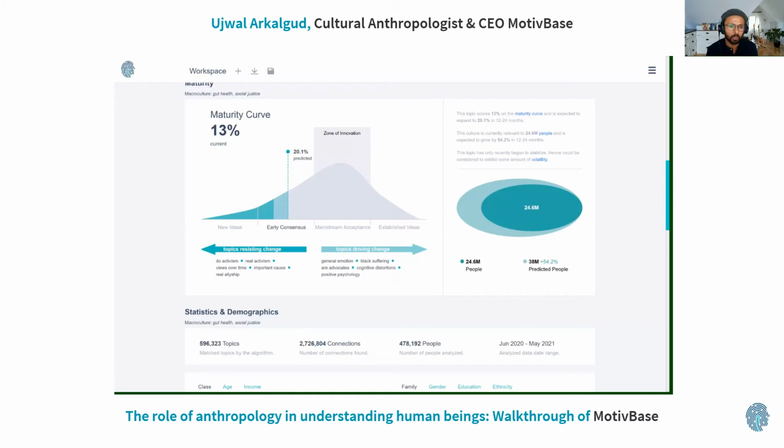And the idea is very simple, right? When something is in early consensus, it means somebody's ideas are starting to be formed. You can use the analogy of somebody in their teenage years versus, let's say, in their 20s and 30s in mainstream acceptance, and much later in life in established ideas. And if you use that analogy, it's very simple. You might still be able to mold a teenager to think of the world differently.